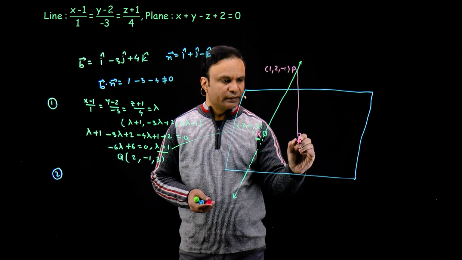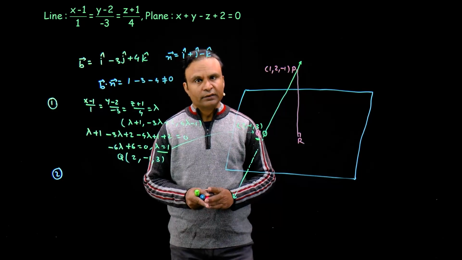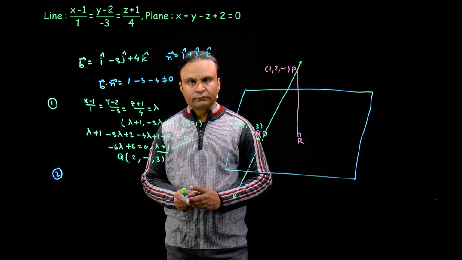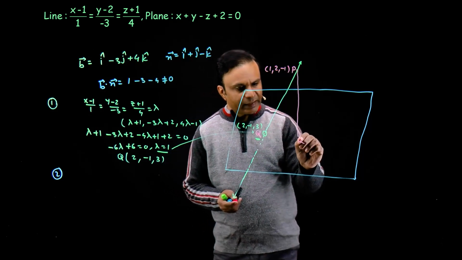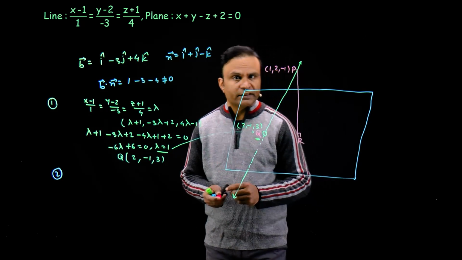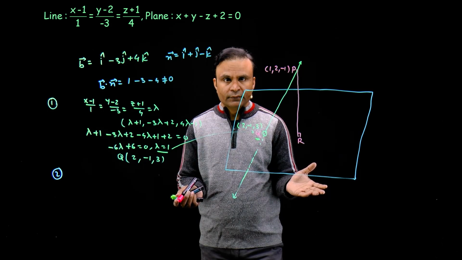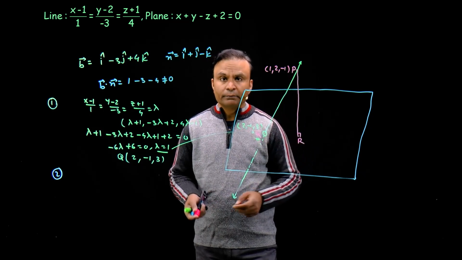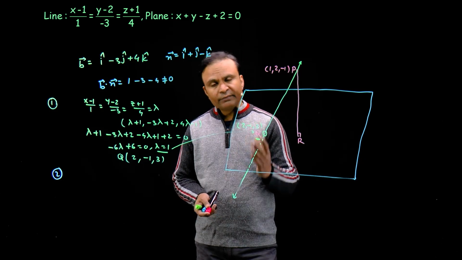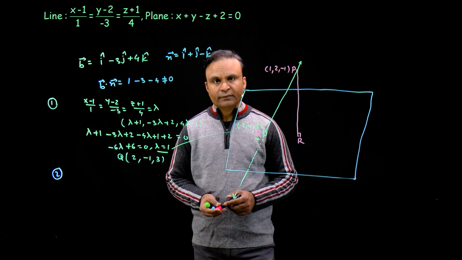Suppose this point is R. I want to find coordinates of this point R. Now we can say point R is a point of intersection of line PR and plane. But for that we must have equation of line PR. Now tell me, how can we get equation of PR?